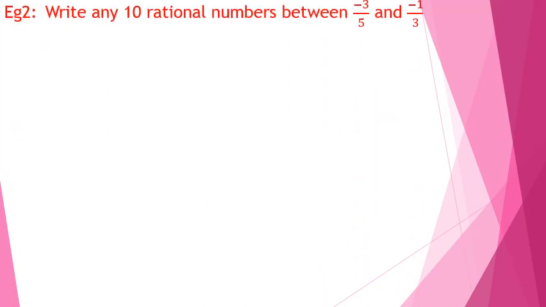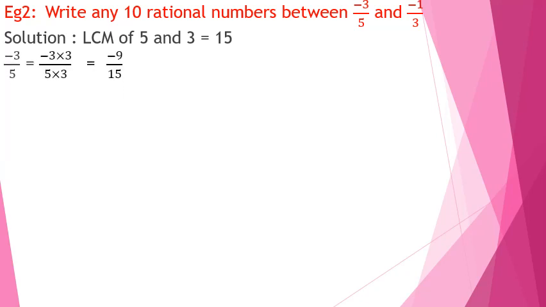Next is write any 10 rational numbers between minus 3 by 5 and minus 1 by 3. Here LCM of 5 and 3 is 15. Minus 3 by 5 equal to minus 9 upon 15.